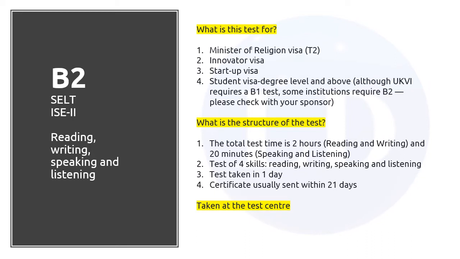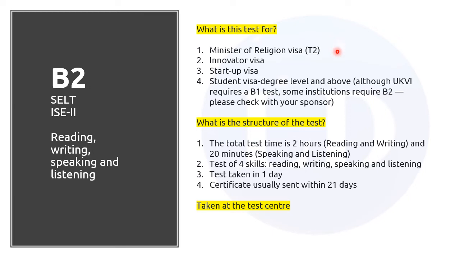Right, the next one is B2, which is CELT ISE II, and it also checks your reading, writing and speaking skills. Okay, and this is for Minister of Religion visa, which is tier 2.